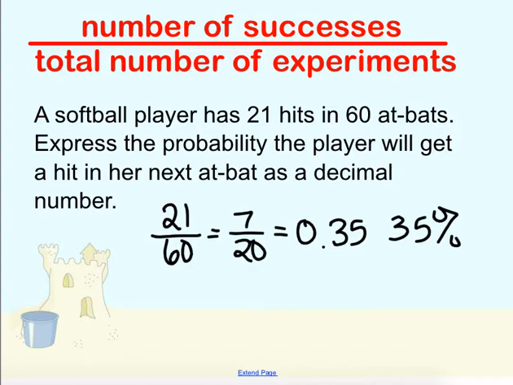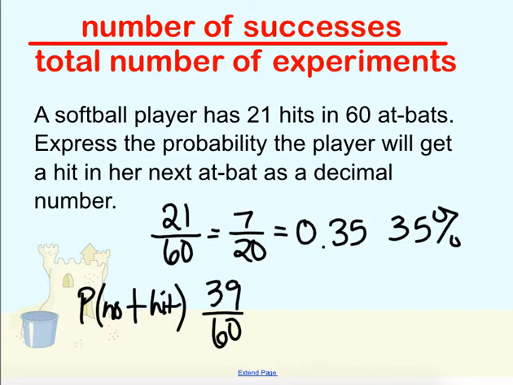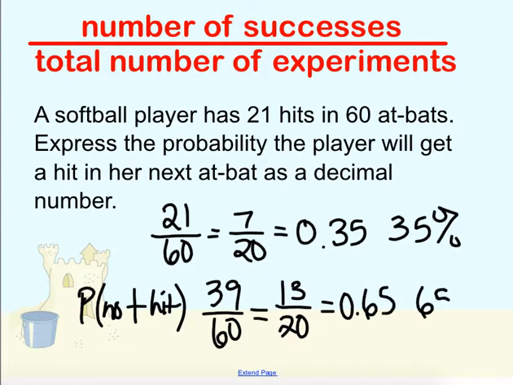Now, what if we wanted to know the probability of not getting a hit? Well, then we still have 60 at-bats, but instead of 21, we have 39 that she did not hit, which means that as a reduced fraction it should be 13 over 20, which as a decimal is 0.65 or 65%.